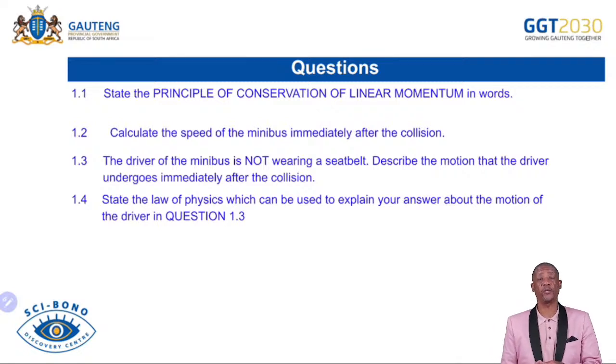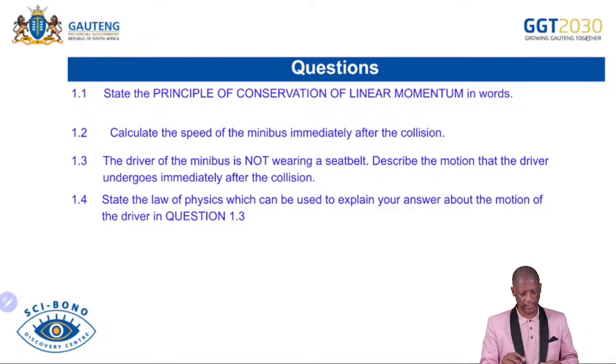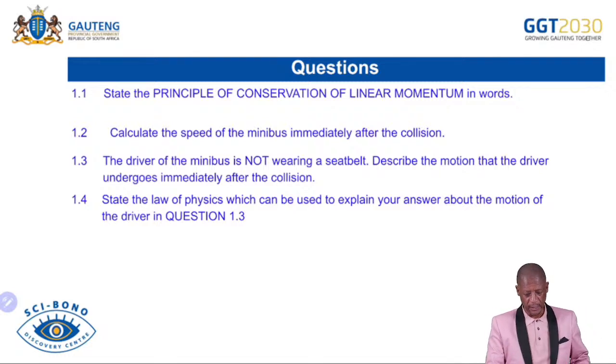But we don't define it like that, right? We defined it last time, and it must be in an isolated system, and it must have both magnitude and direction. That is our definition, but you know the definition as of now.